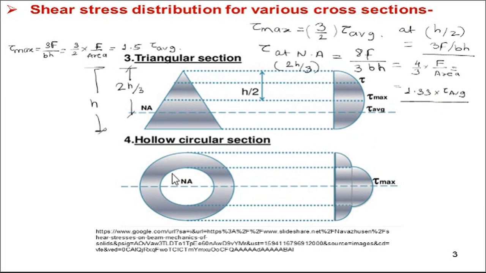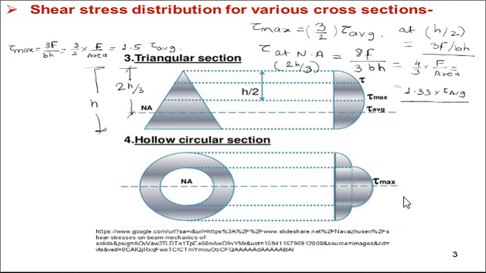At the bottom you can see a hollow circular section. There are two types of circular section, one is hollow, another is solid. This is a hollow circular section. The neutral axis is there, but there is a change in the shear stress distribution diagram. The shear stress diagram is like this for the hollow section.